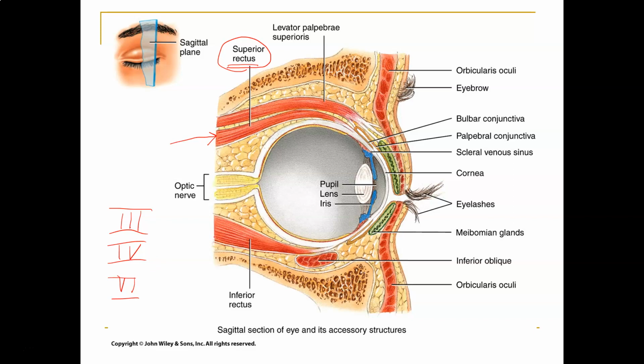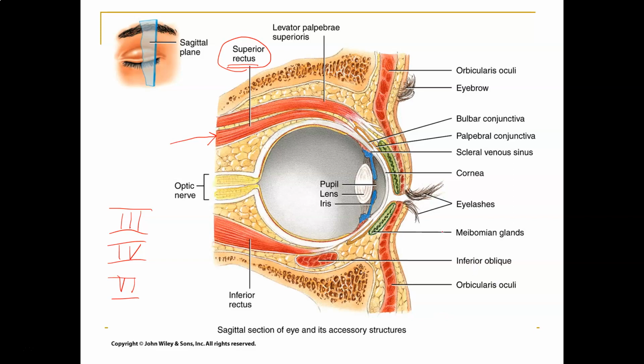So you can use these to look up, look down, look right and left, roll your eyes, and they are important in vision because as objects move closer to your eye, you need to rotate your eyeballs medially, or conversely, as an object moves away from your eye, it becomes more distant, your eyeballs rotate laterally. That's brought about by these extrinsic eye muscles. We call that convergence. Convergence is the name of that process.